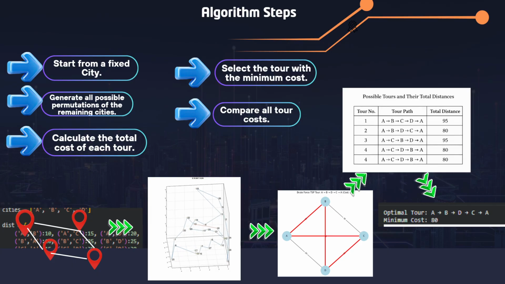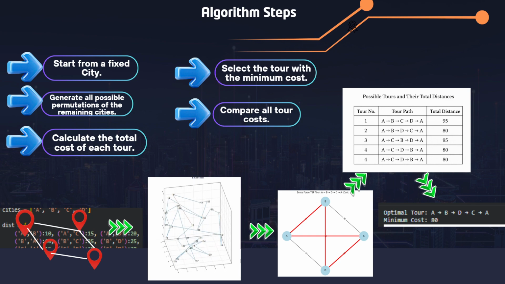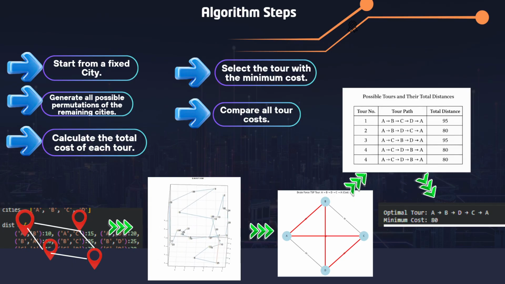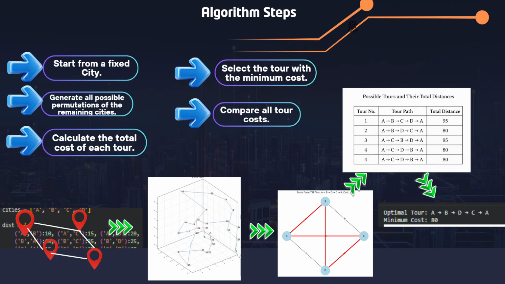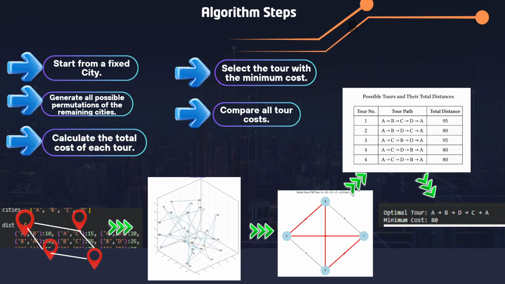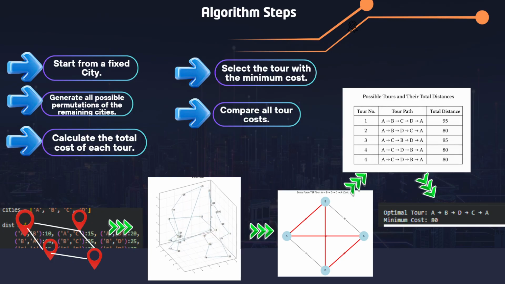When we apply this algorithm, it calculates all the different paths and gives me the shortest path, showing which path is easy to take. In our process we can see 95, 80, 80, and lastly we calculate the final path is 80.